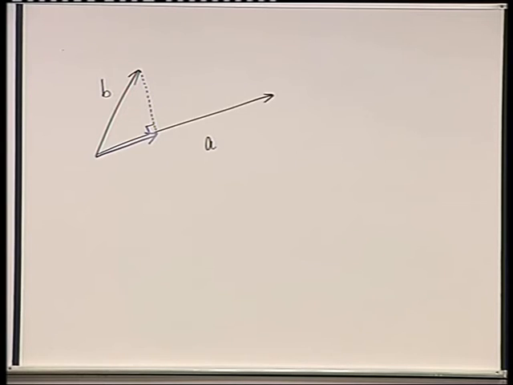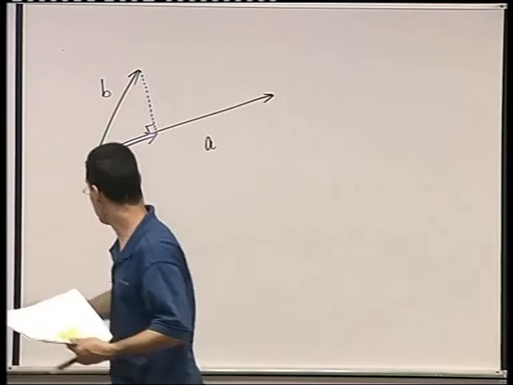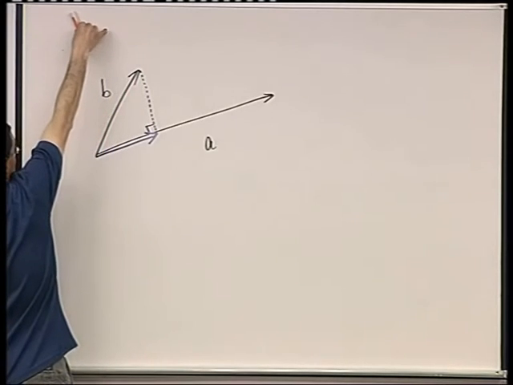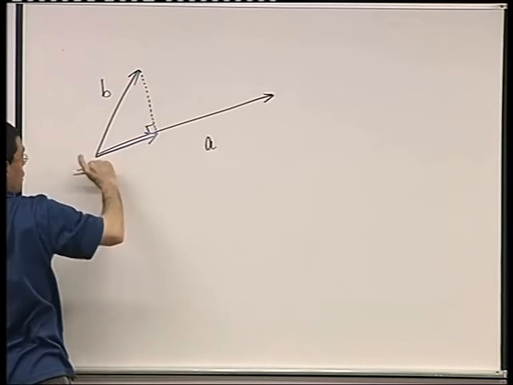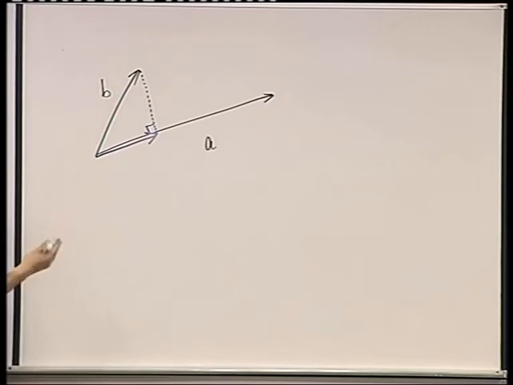You can imagine somebody coming with a big light and lighting from above. That's the shadow that B is going to leave on A. Do you see that? Clear? Everybody good?